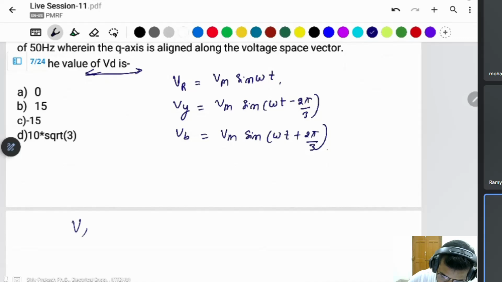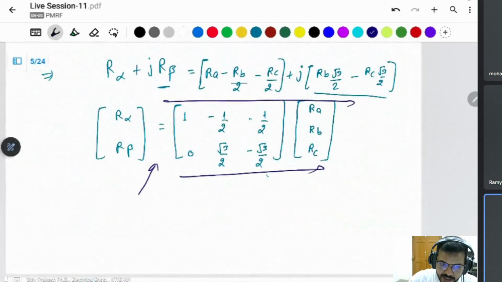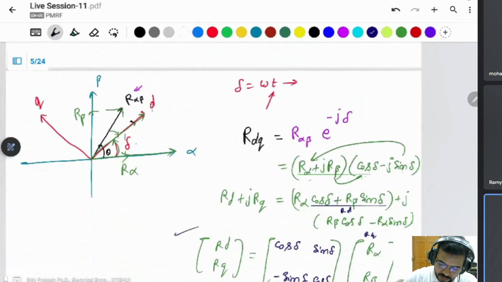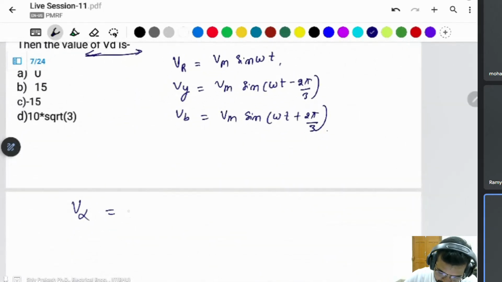For the alpha beta conversion, you can first convert into alpha beta, then after that you can convert this alpha beta to the DQ axis. For alpha beta, R alpha has RA minus RB by 2 minus RC by 2. Simply use here RA, same to same, VR minus 1 by 2 Vy minus 1 by 2 Vb. Use a capital A, this one also.